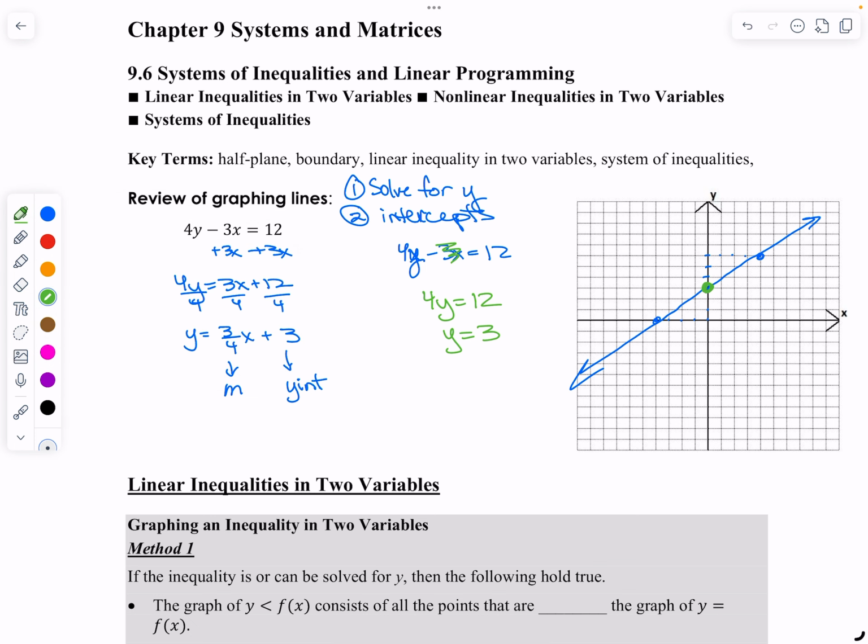Okay. And then instead of solving for my y, this time I'm going to solve for x. So I'm going to cover up my y, and I'll have -3x is 12. When I divide by -3, I get -4, and notice that's where that point is. So either way, whether I do it using intercepts or whether I do it solving it for y, I'm going to get the same line, okay?